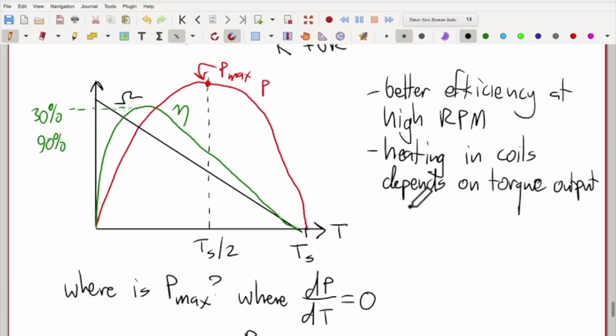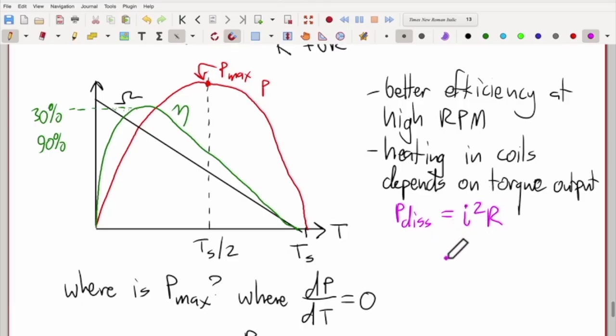And you can see that if you look at the dissipation. P dissipation is equal to, what's the dissipation in a resistor? It's equal to the current going through the coil squared times the resistance of the coil. So that's the dissipation there.